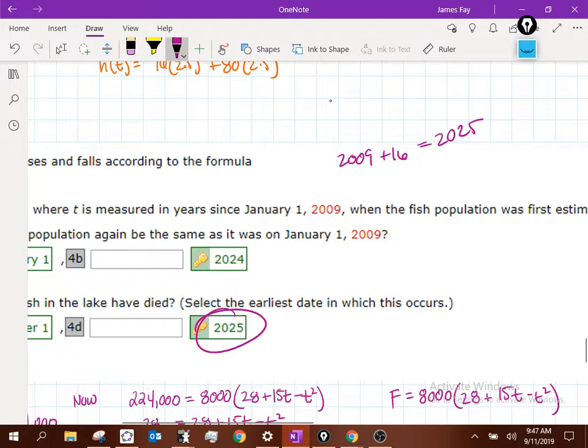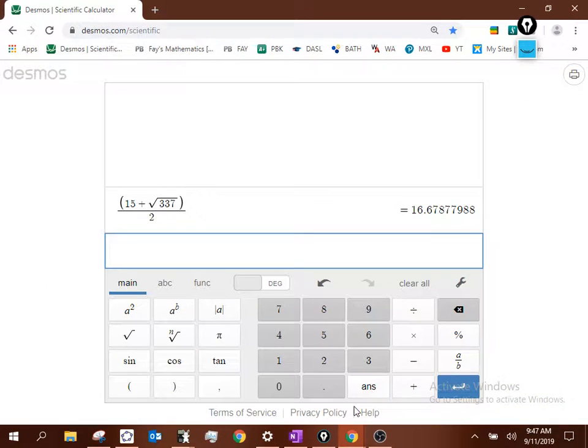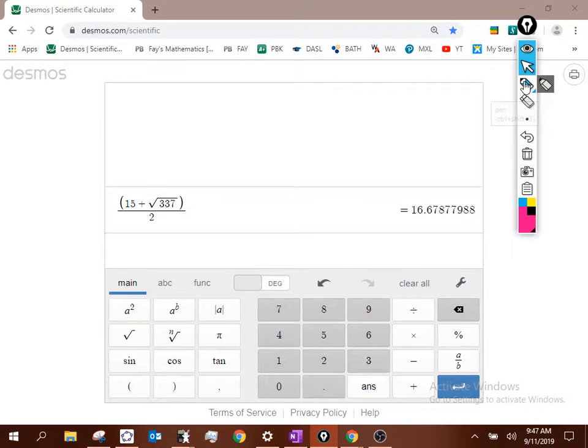Okay. Now, here's where I disagree with what they've got here. And hopefully you do too. This number right here means that we are into like 2/3 of the 17th year, right?